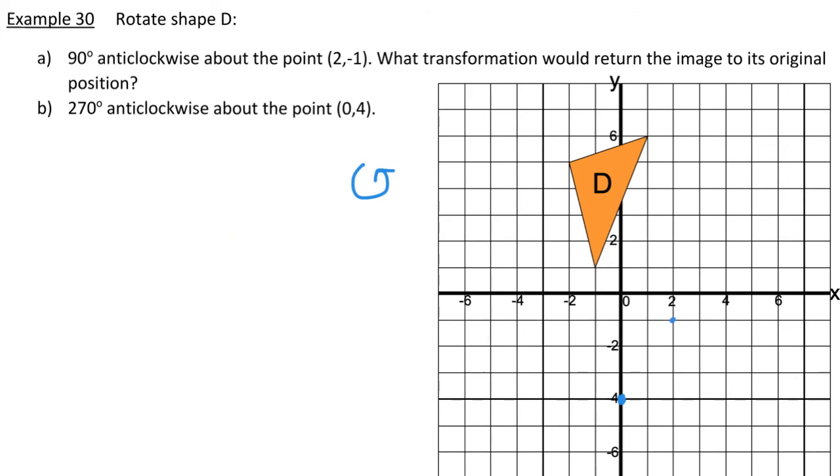To get from our centre to the next point, we go left 4 and up 6. And if we rotate that in an anti-clockwise direction, we'll go down 4 and left 6. And from our centre, if we go down 4 and left 6, we get to the point -4, -5.